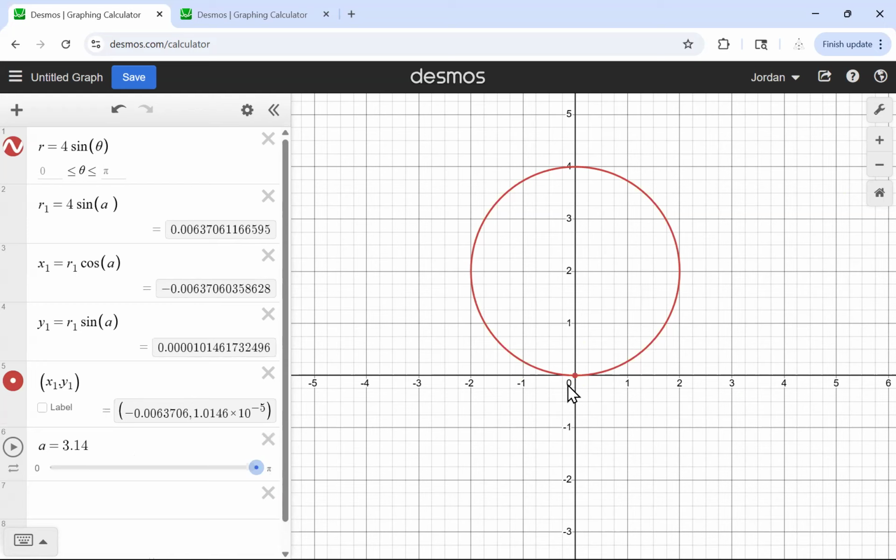Weirdly, in this case, I didn't have to go from 0 to 2 pi because of just the way the polar equation works. So there we go. 0 to pi gives you 1 loop around this circle. Circumference should be 4 pi. And it is, as we saw.